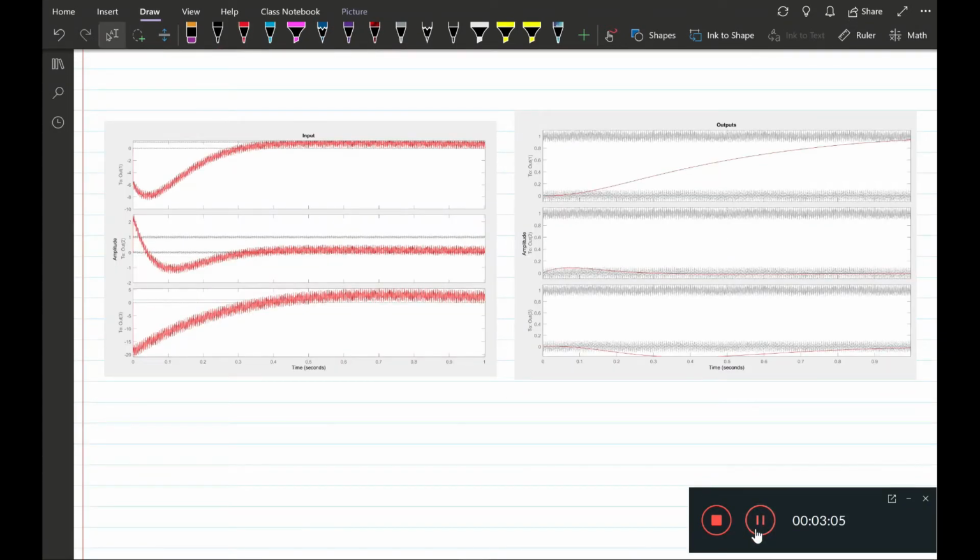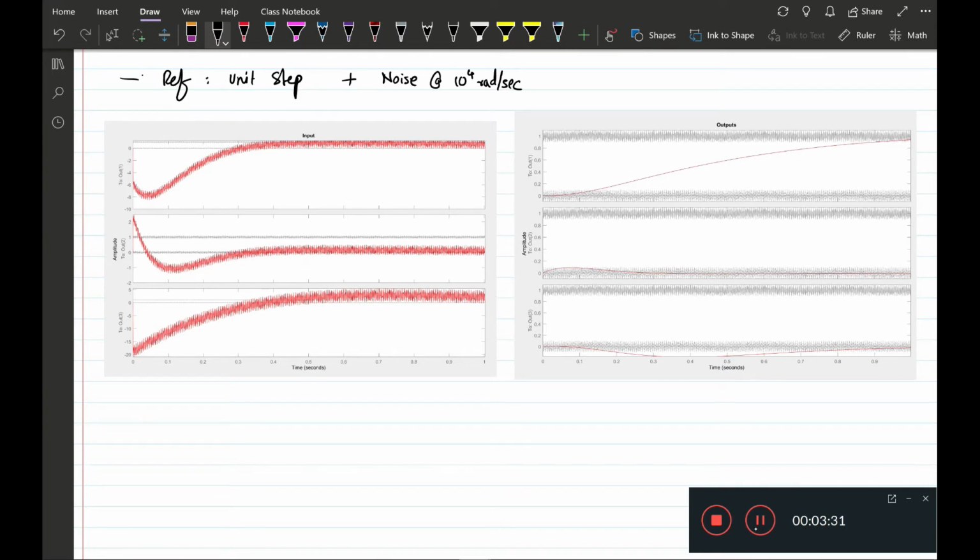I have here the time domain plots when we have reference unit step input and with noise at exactly 10 to the 4 radians per second with some random phase shift.